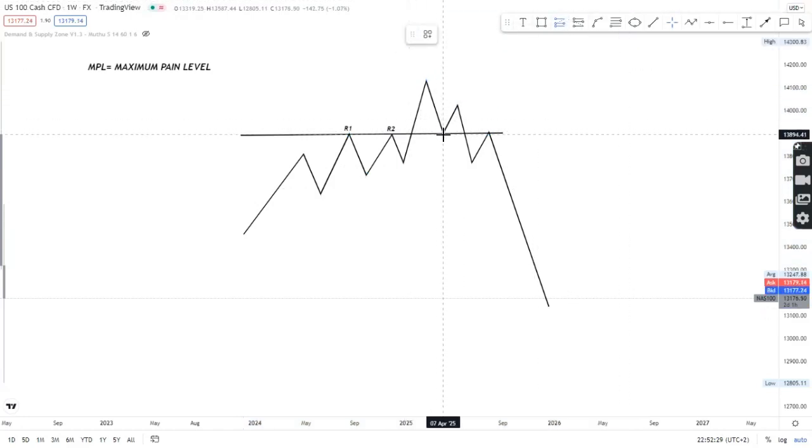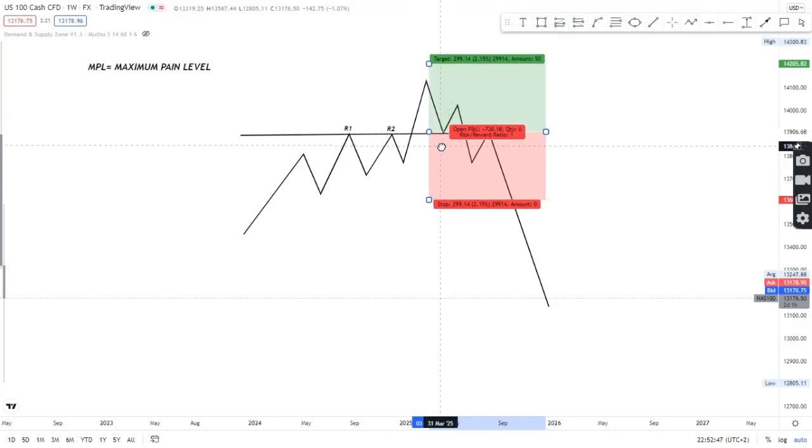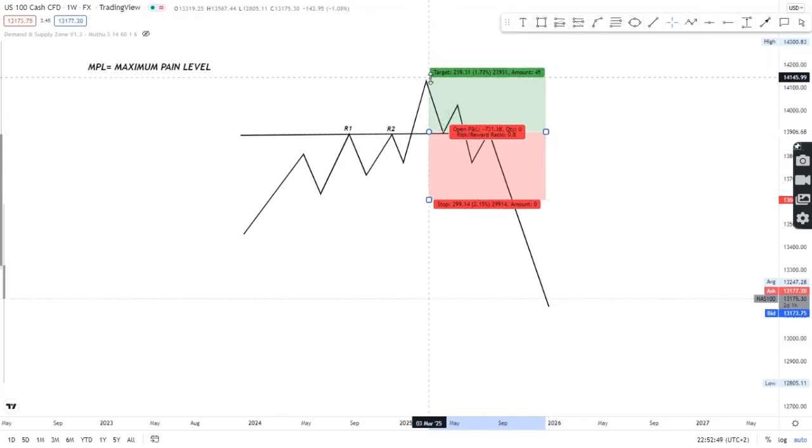So we have the breakout traders. Apart from the breakout traders who buy from here, we also have the break and retest traders. Once price breaks, they wait for a retest of the same level, making this level even more important. According to them, it adds more confluence. Therefore, they'll try to buy from this level.